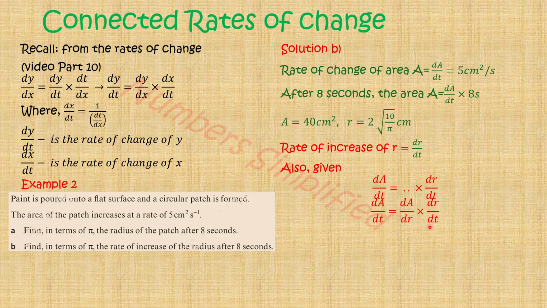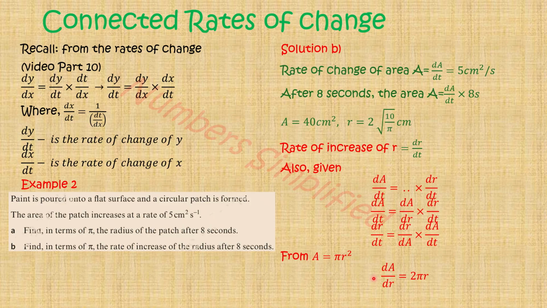With that, we can find dr/dt by making dr/dt the subject of the formula, so that it is equal to dr/dA times dA/dt. Now, simply substituting for dA/dt, but remember, we don't know what the r is as of now, but what we know is A equals pi r squared. We are going to differentiate A with respect to r so that we get dA/dr, which is equal to 2 pi r.